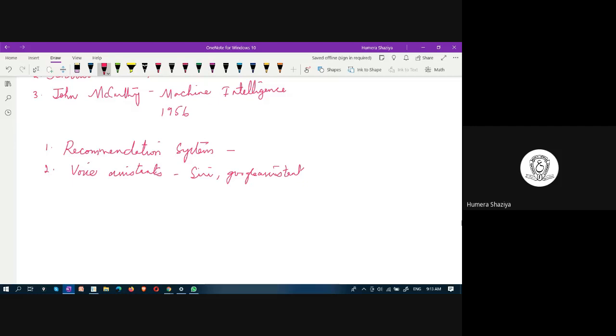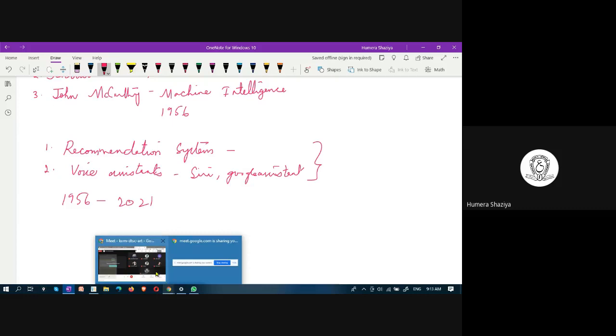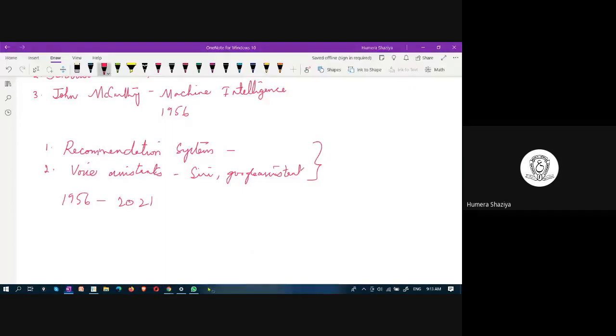To come to these intelligent systems, there were step-by-step products developed during the period from 1956 up until today, which is 2021. There is a history behind it. There are various products that were developed, and that has led to the development of these intelligent systems.